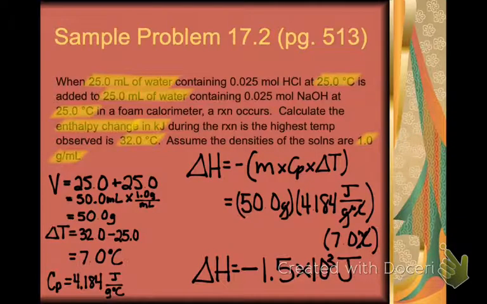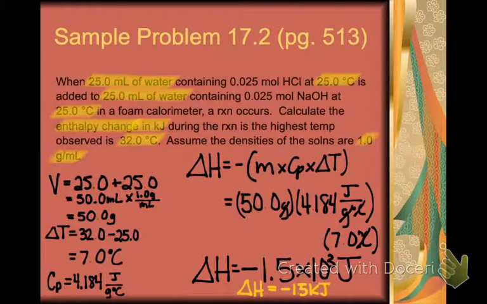Now, I believe that the problem asked you to answer this in kilojoules. So we can do a quick conversion. It's 1,000 joules in 1 kilojoule, and really all that happens here is I get rid of that exponent, because 10 to the third is 1,000, so delta H is negative 1.5 kilojoules.